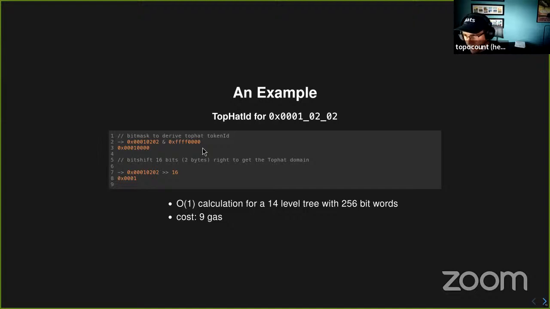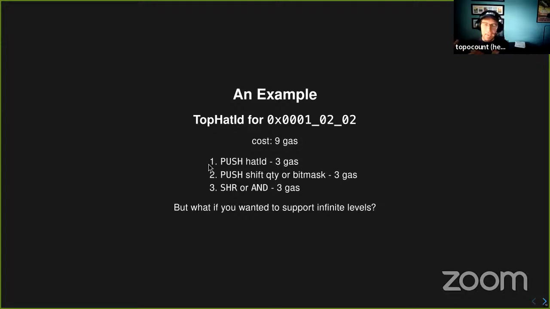All right, so we'll dig into the cost now. This bit masking operation itself is 3 gas, but you need a few stack operations to set up the actual calculation.